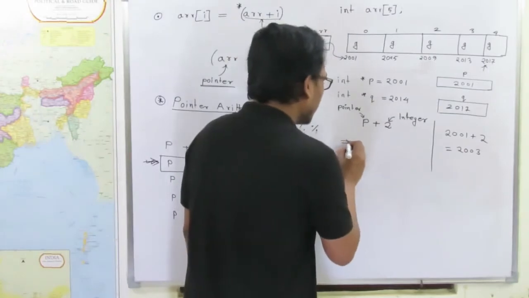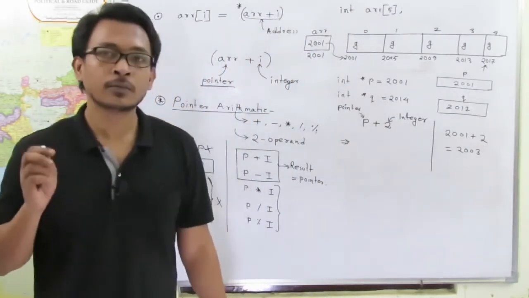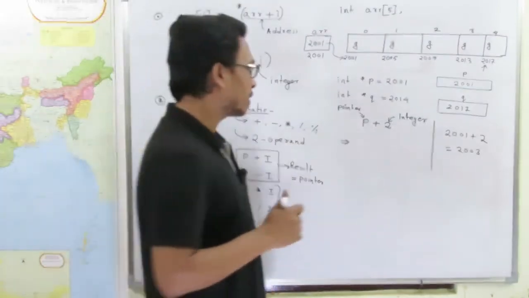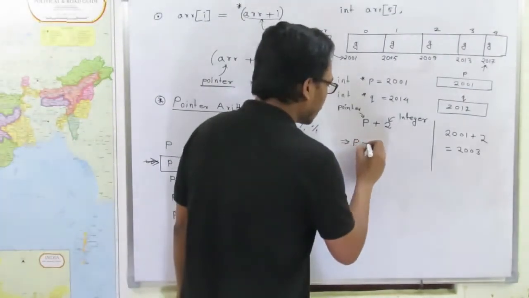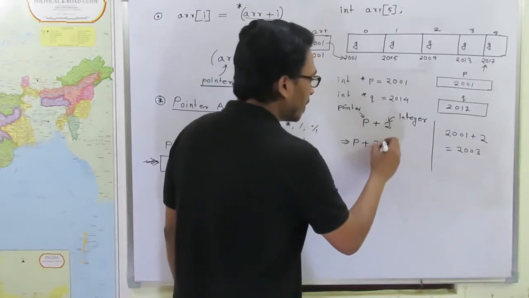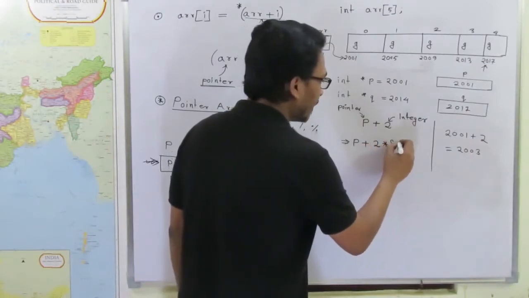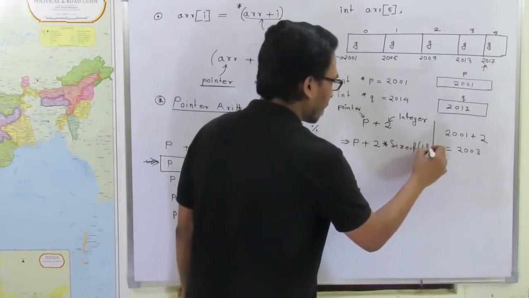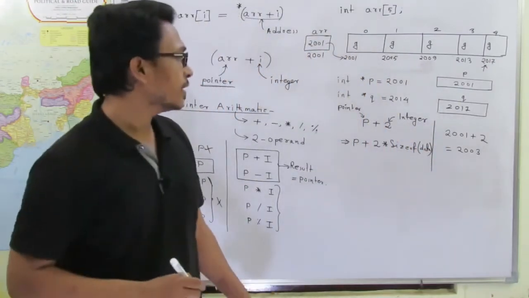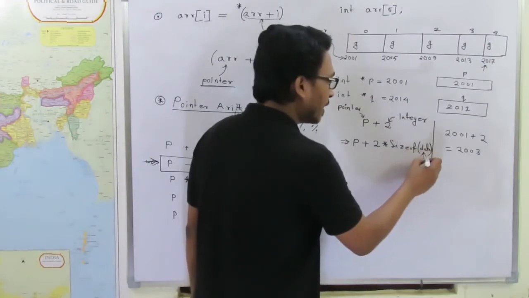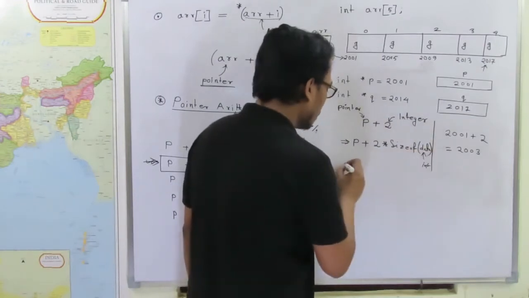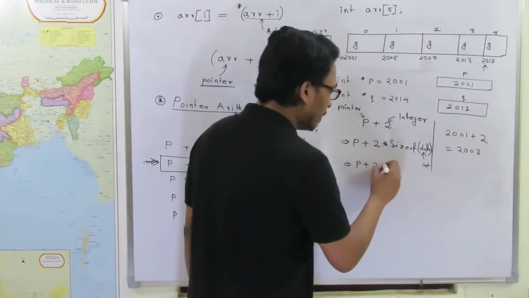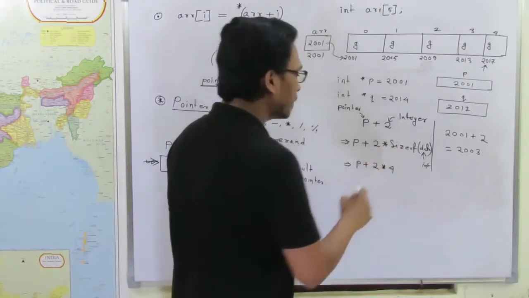Whenever we add an integer number to a pointer, what will the system do? The system first multiplies the size of data with the integer. Now in this case, what is the data type? Data type is integer. So the system will perform p plus 2 into size of int. What does it mean? It means 4.